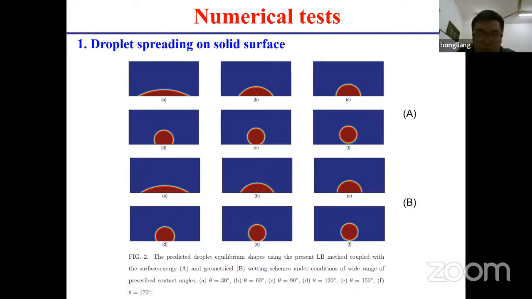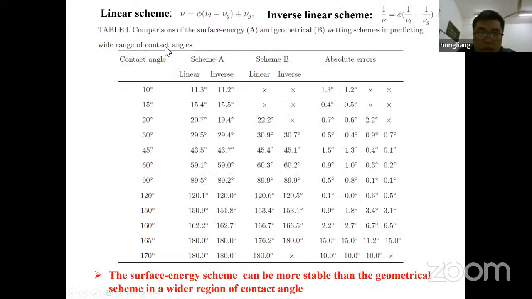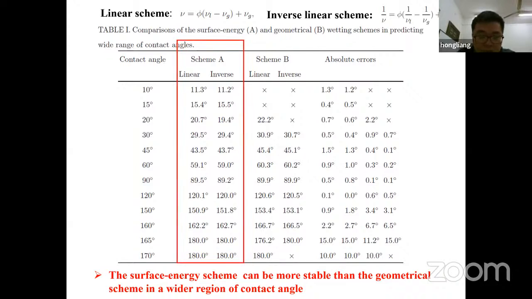Next, this is the result. Next, we give a comparison of the surface energy and the geometrical wetting schemes at practical contact angles. We can see that scheme A is more stable than scheme B, such that the surface energy scheme can be more stable than the geometric scheme in a wider region of contact angle, especially for very small contact angles or very large contact angles. Next.